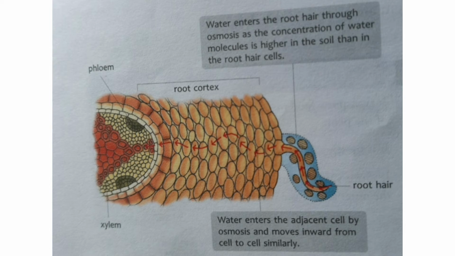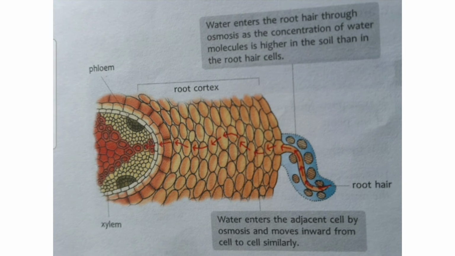Here concentration differences are present. Secondly, once water is absorbed, its concentration in the root hair cells becomes more than that in the adjacent cells in the inner tissues, that means in the tissues of the cortex. Thus, water molecules move through osmosis from root hair cells to the neighboring cells.